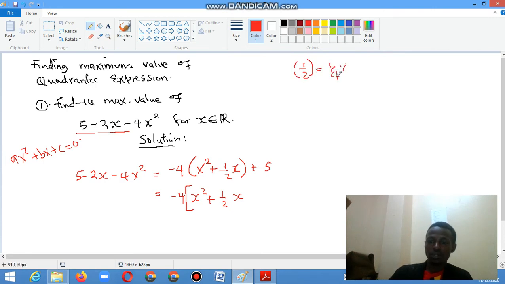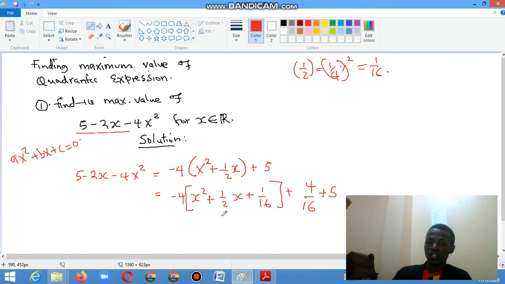Then you square it, you get 1 out of 16 for this part only, so it will be plus 1 out of 16, then plus 4, because remember this 4 was for this and it is outside, so it will be 4 out of 16, then plus 5 is this one here.